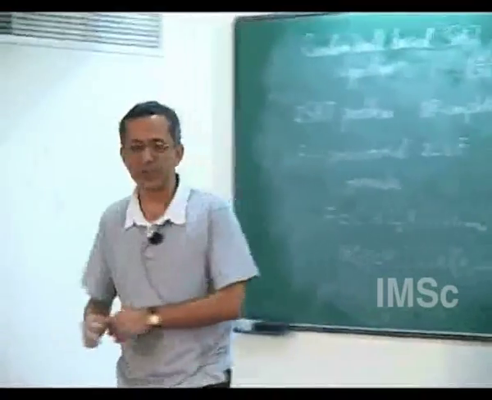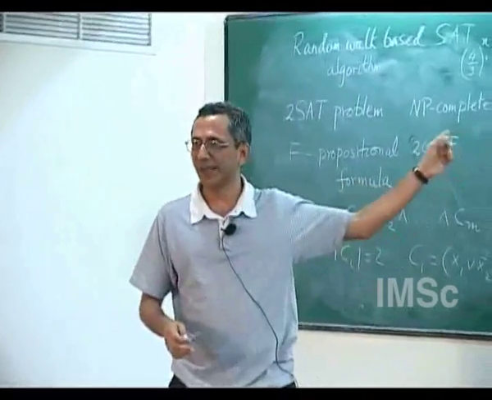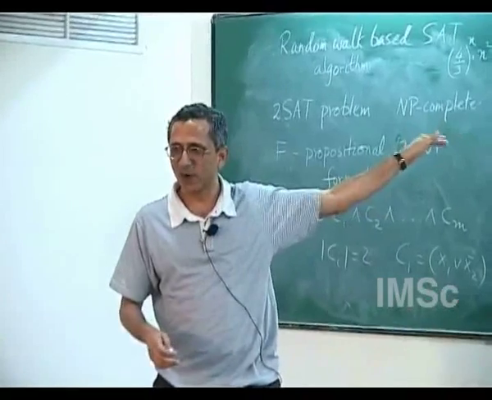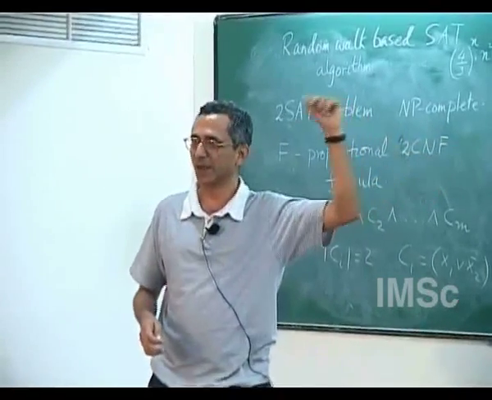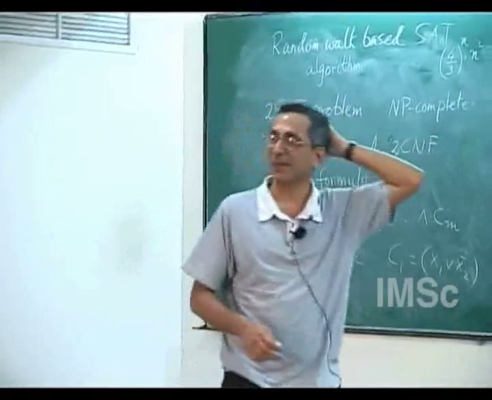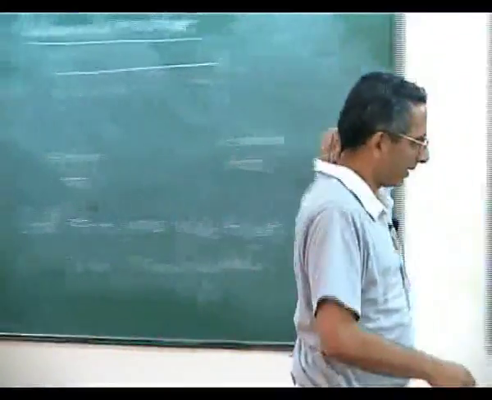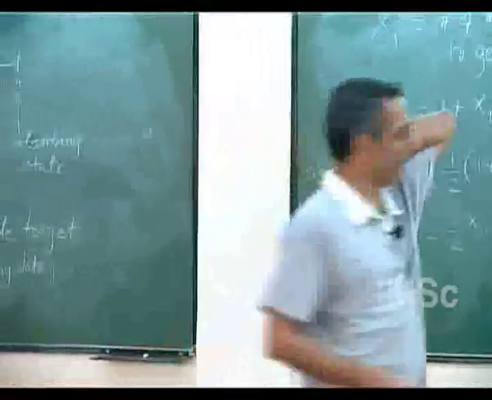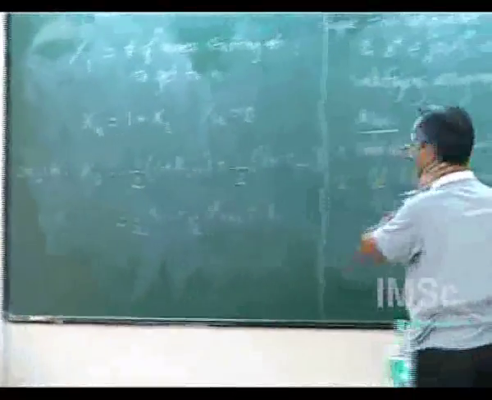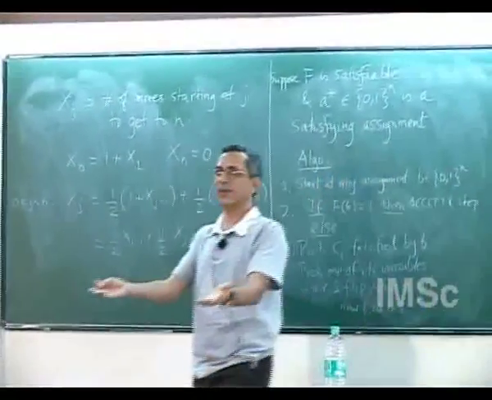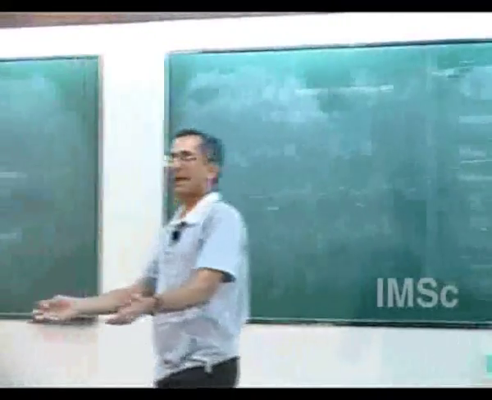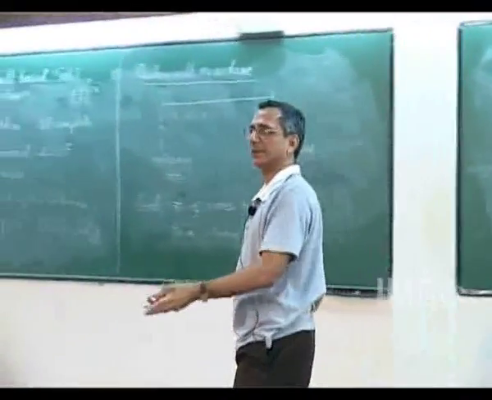So the key thing is to ask, how does the random walk capture the behavior of this algorithm? There are other things happening here. One is that if I hit upon a satisfying assignment, I am going to stop.